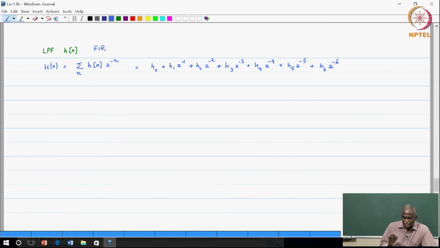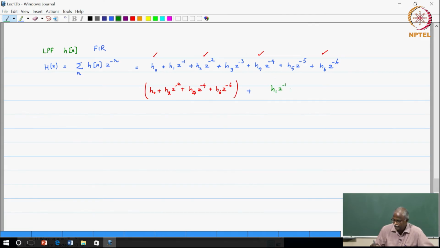Now, if I were to group the even terms of the impulse response, I would get h naught plus h2 z power minus 2 plus h4 z power minus 4 plus h6 z power minus 6, plus h1 z inverse plus h3 z power minus 3 plus h5 z power minus 5, which can be rewritten as z inverse times h1 plus h3 z power minus 2 plus h5 z power minus 4.